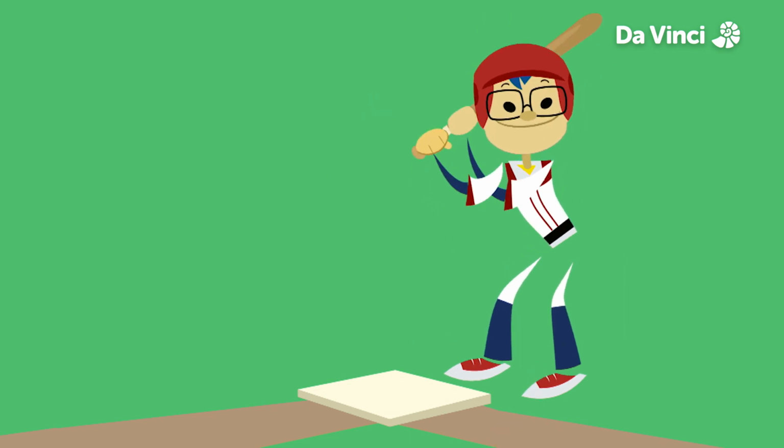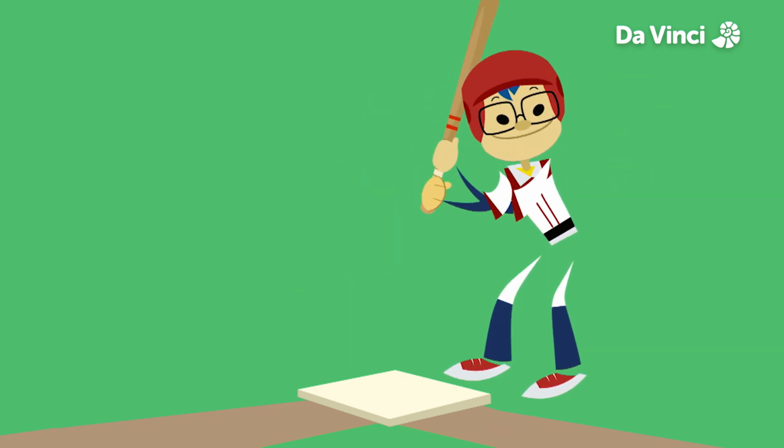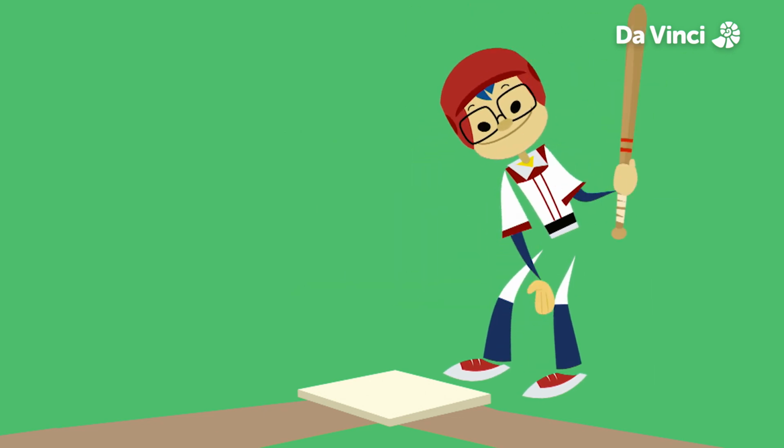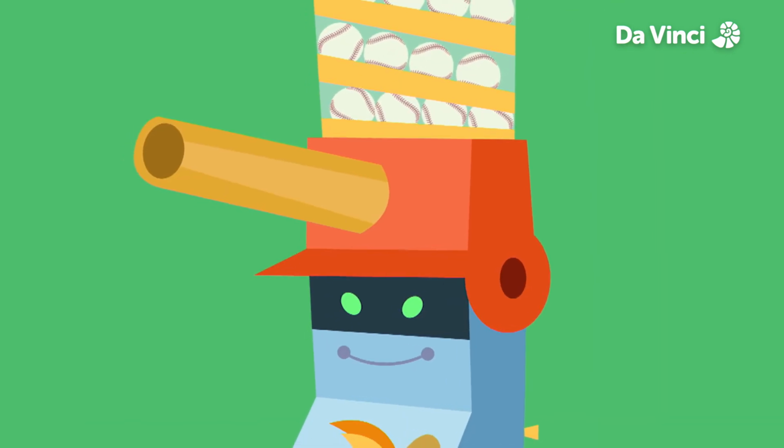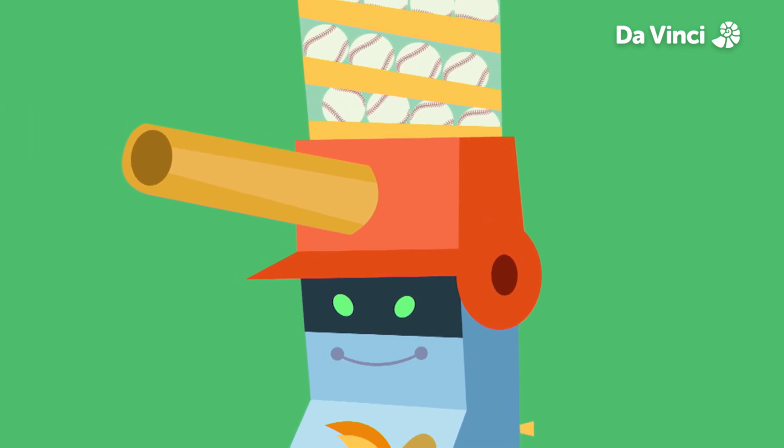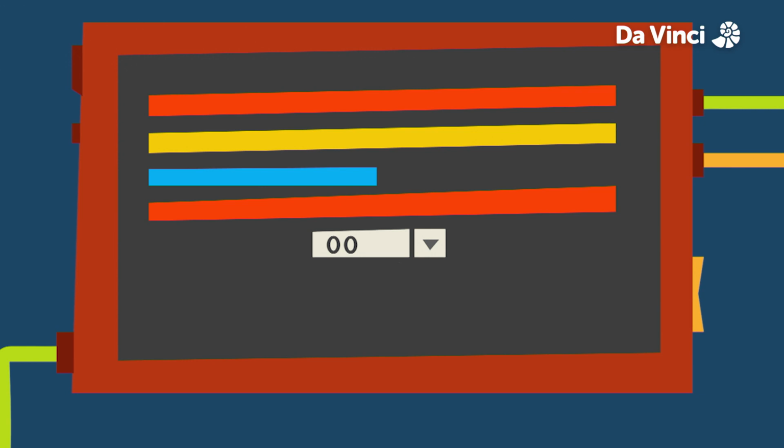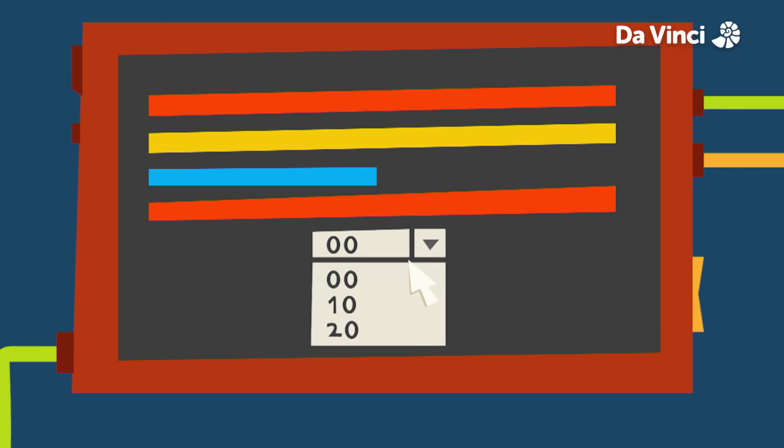In a computer program, repetition is achieved through the use of a loop. A loop executes an instruction repeatedly, so the computer programmer doesn't need to. If the program told the computer to execute the loop 20 times, how many pitches would it throw? That's right, 20 pitches.